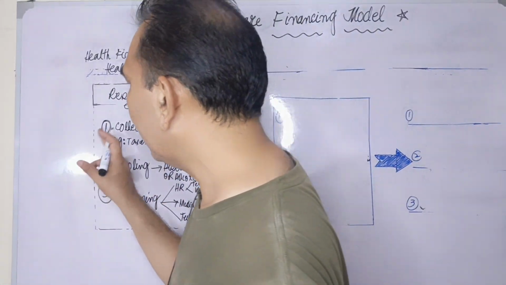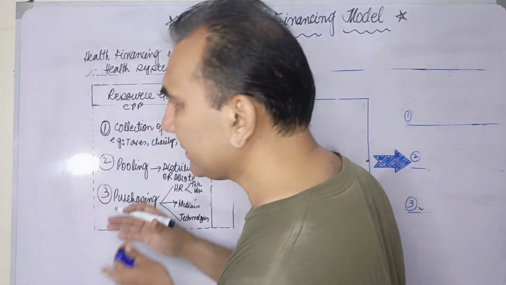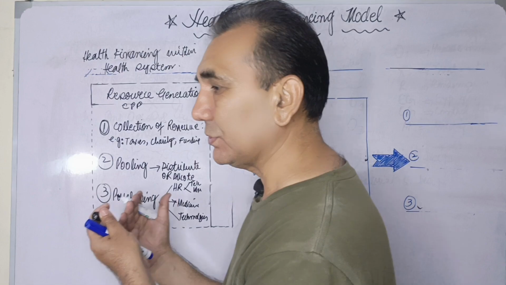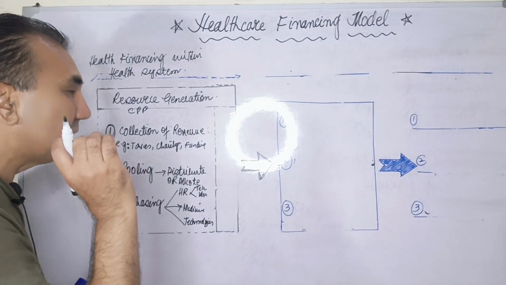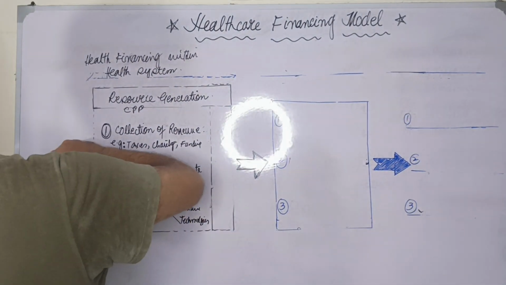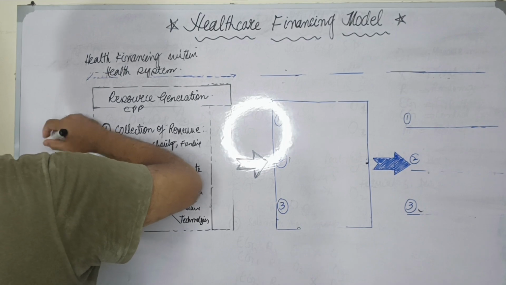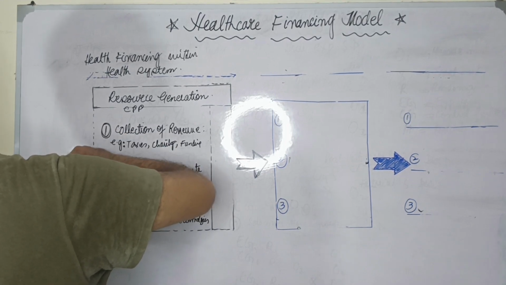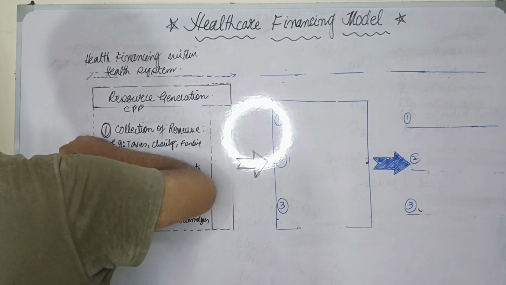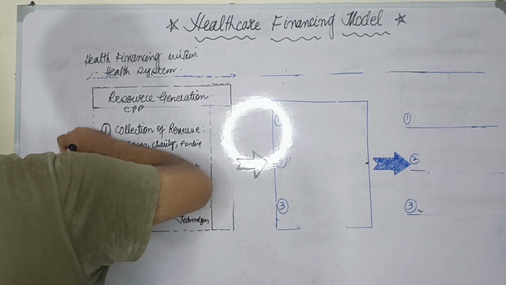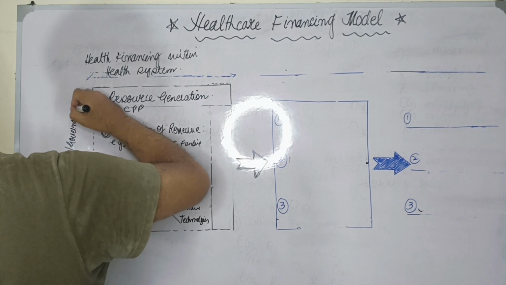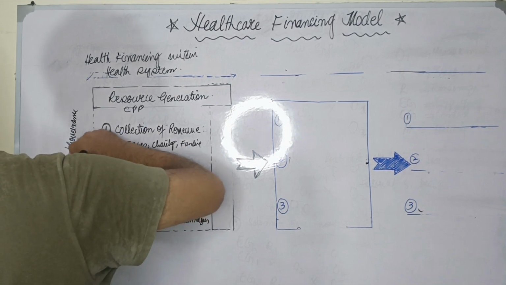And for these three mechanisms under resource generation, you need good governance, good stewardship, and oversight.